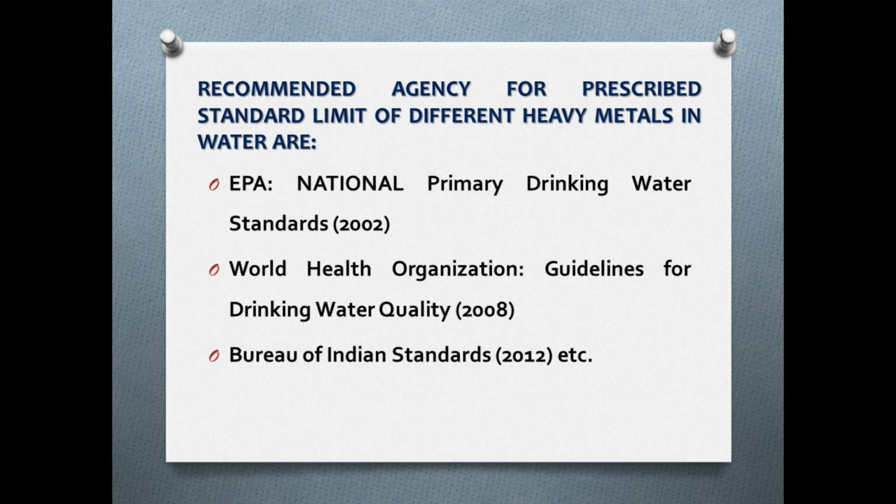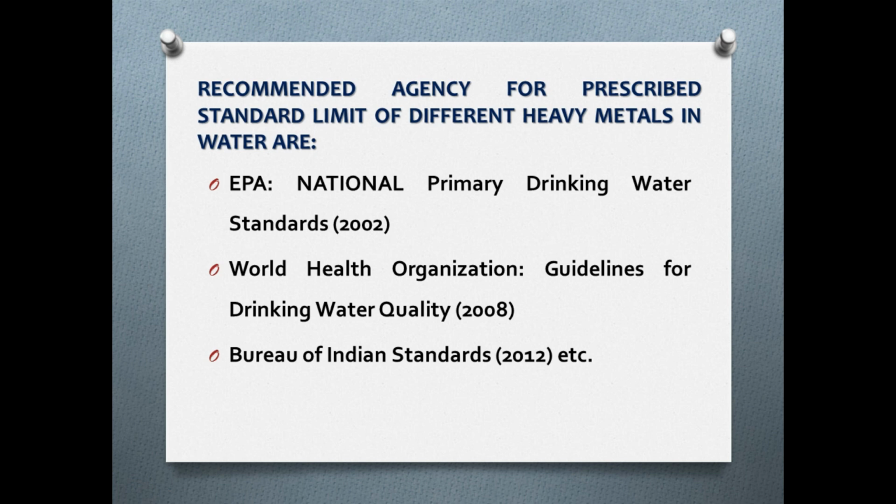Similarly, in case you are not from India, you can refer to your country's recommended agency or the EPA or the WHO prescribed limits for different heavy metals in different components of the environment. These different agencies that I have mentioned publish the standard prescribed limits for different environmental parameters including heavy metals.